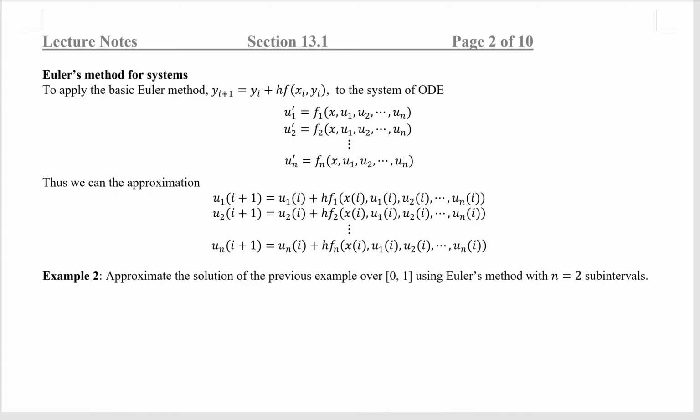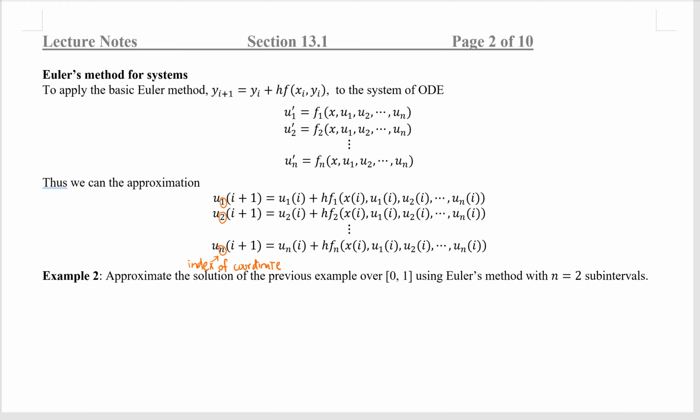Now we want to apply this to the following systems. Let's say u1 prime is f1, u2 prime is f2, and un prime is fn. Here, the subscripts 1, 2, n are the index of the coordinates.